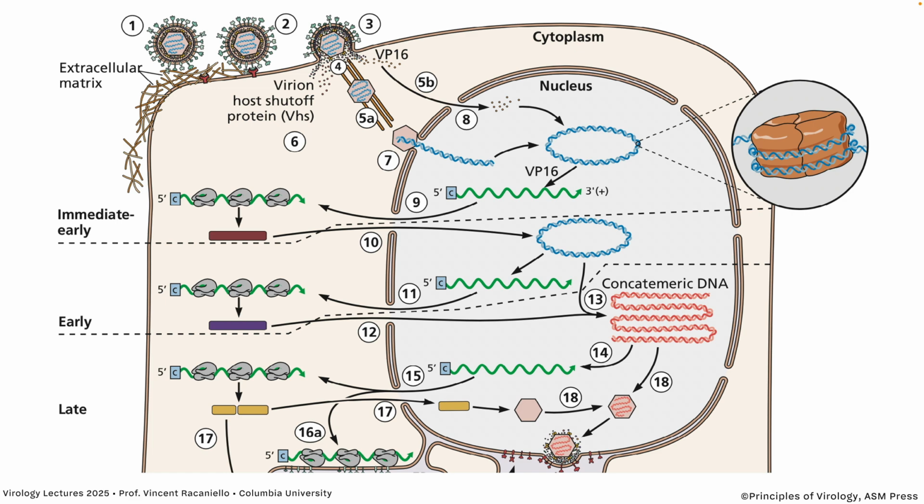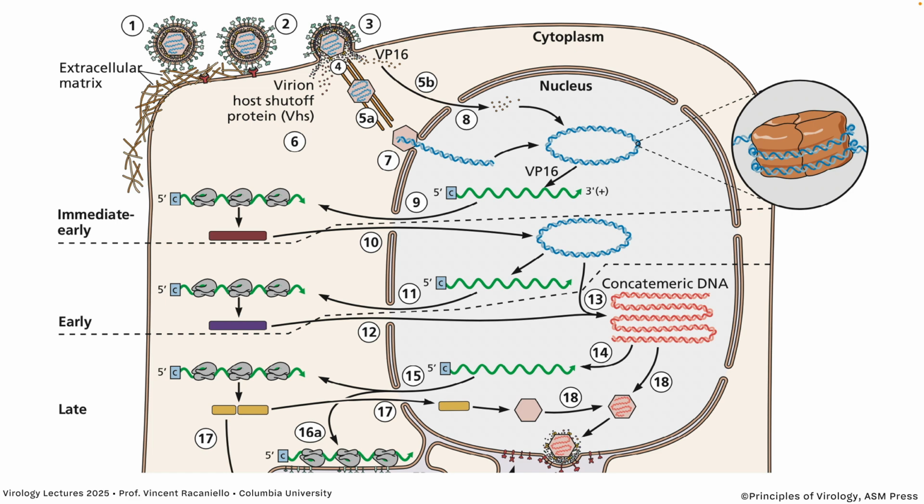It's transported to the nuclear pore by microtubule motors. Remember, there's a portal on the herpes capsid. It docks on the nuclear pore, so the viral DNA comes out of that. It's circularized, and then the immediate early promoter is active.